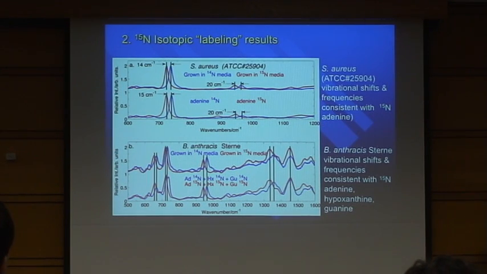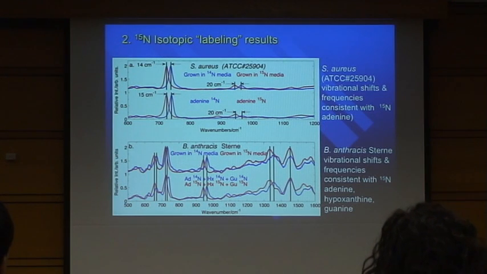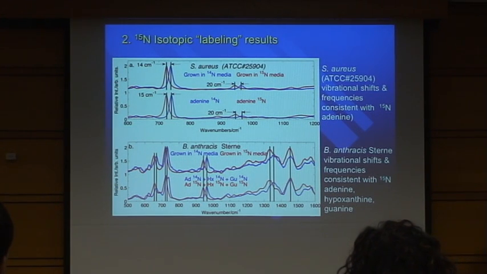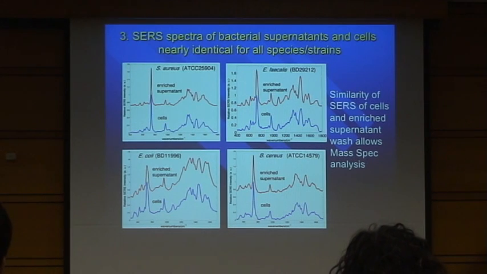The Bacillus anthracis Sterne is a little more complicated. There are contributions from adenine, hypoxanthine, and guanine, which I'll tell you about in a moment. But the point is, when I put the nitrogen 15 version of those molecules in, I get the same shifts. So, you know, now I really feel like I know what's going on.